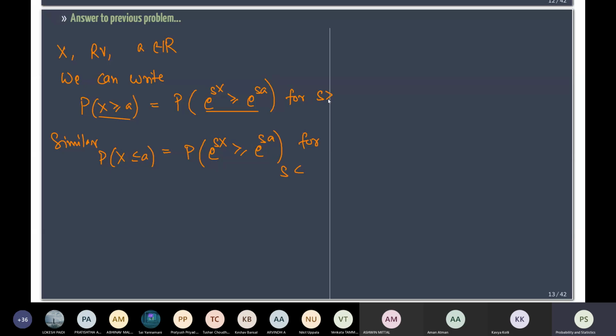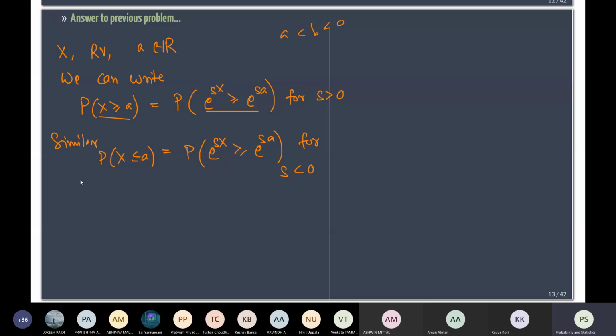So this is s greater than 0 and this is s less than 0. If I'm raising it to the negative power, and here I have less than or equal to, then the inequality flips. So if a is less than b and I raise to the exponential power with negative multiplier, the inequality flips. These are the inequality properties we have.